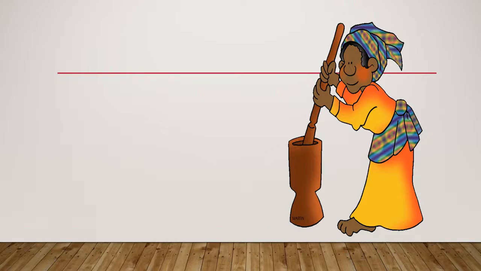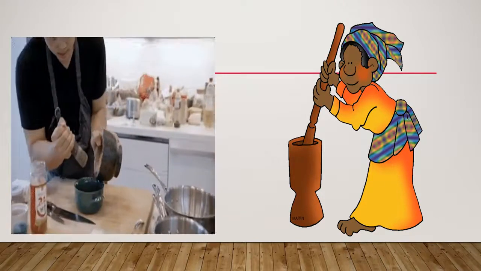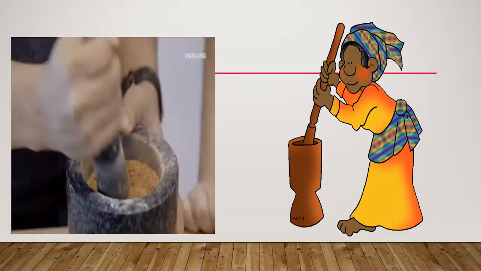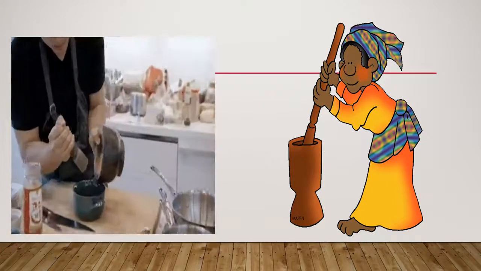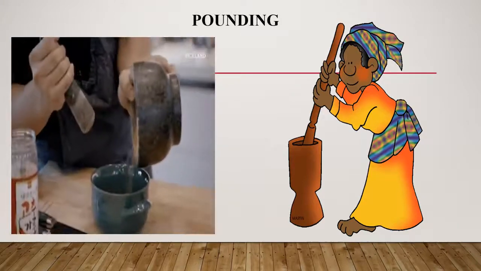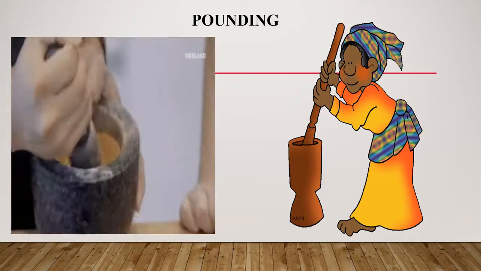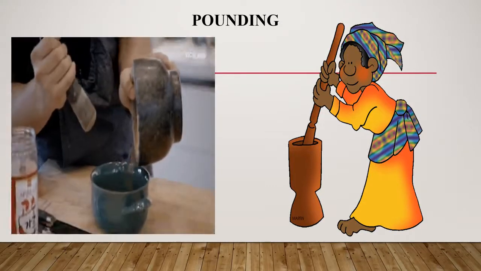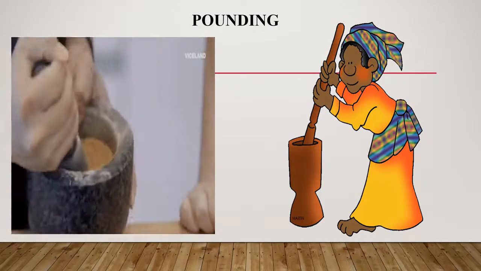The things are getting crushed, right? Here in this picture also, you must have seen in your house your mother grinding something in the mortar and pestle, right? This is actually called pounding. ठीक है? What is it called? It is called pounding. हम लोग जब कोई चीज को कूटते हैं तो उसे हम लोग pound करना कहते हैं. Okay?